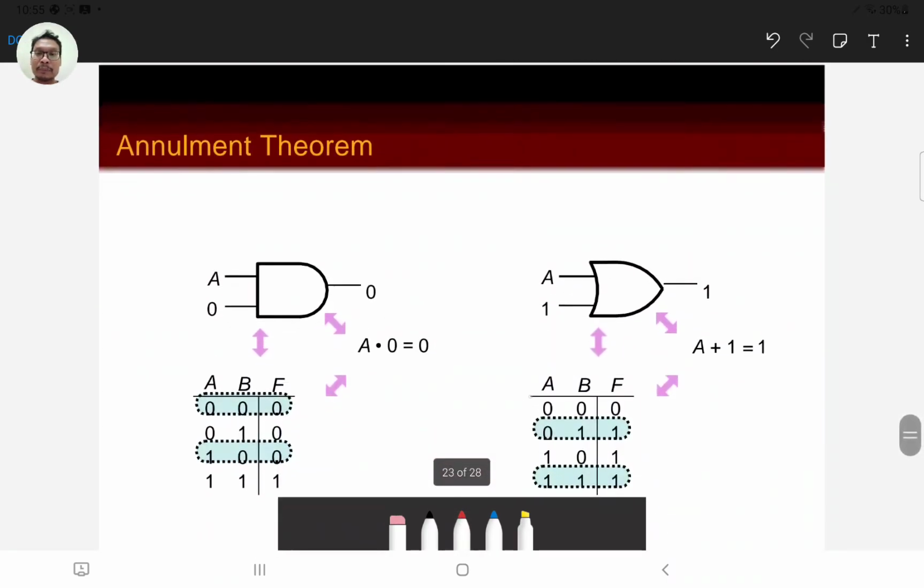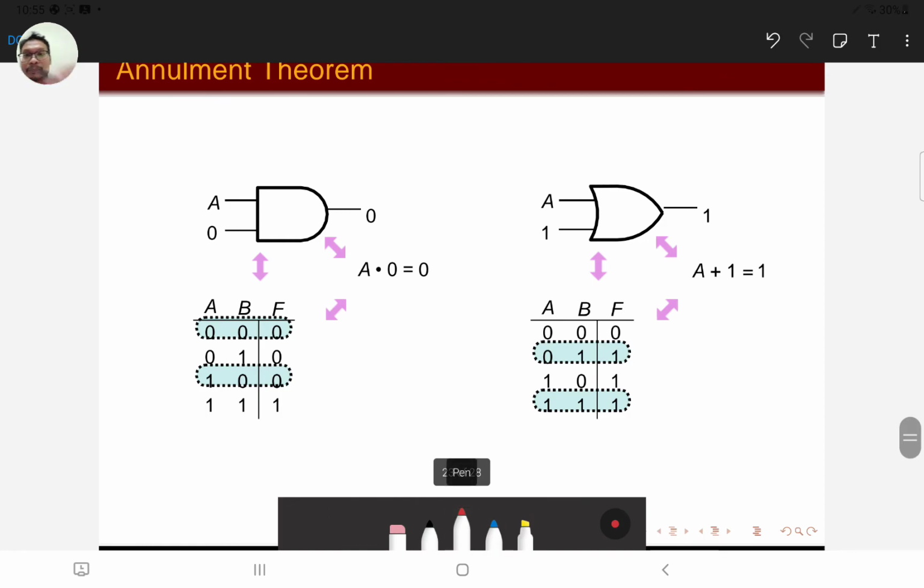Let's look at a little bit more detail here. For example, if we supply constant ground on one of the pins of the NAND gate, and here is your input A, which can take a value of 1 or 0, but if this is tied to ground, then automatically your output will be 0.